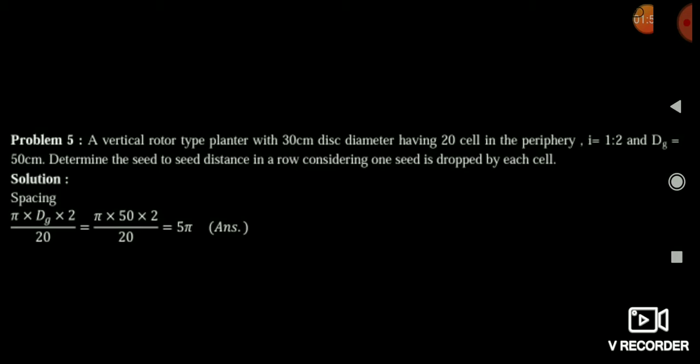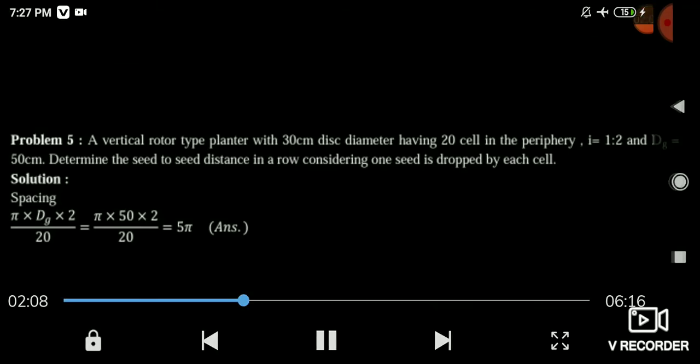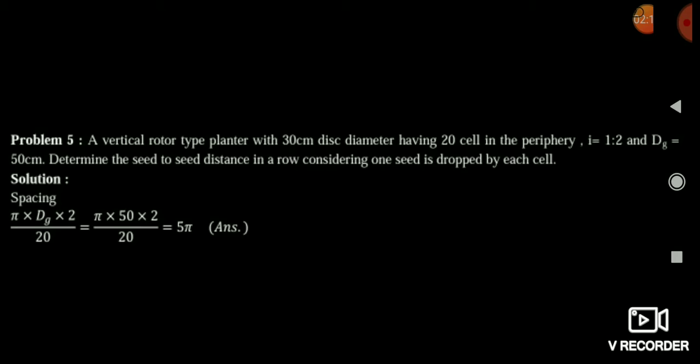So friends, now see the question. 30 centimeter is the disc diameter and ground wheel diameter is 50 centimeter, and we have to calculate the seed to seed spacing. So 30 centimeter we will reject first, and 50 centimeter is the ground wheel diameter. So we will consider the ground wheel diameter, that is 50 centimeter. Now friends, see that the transmission ratio I is 1:2, and also 20 cells are present.